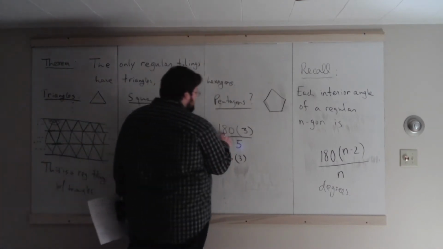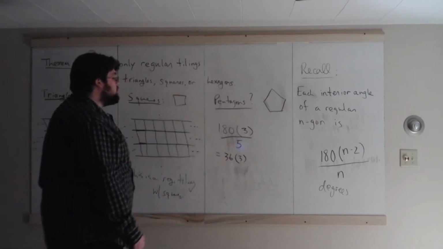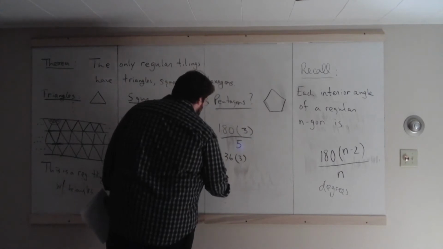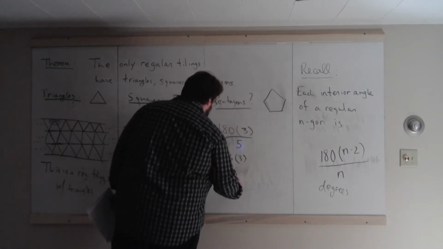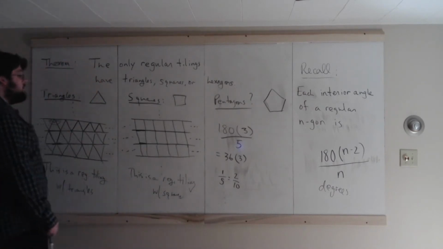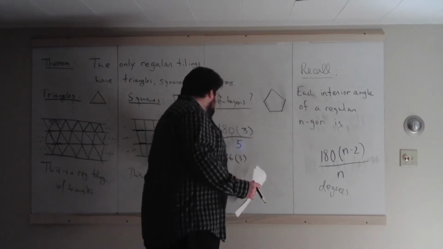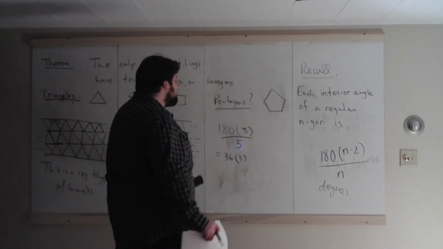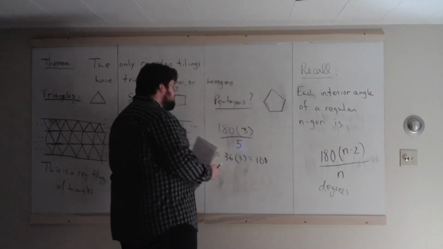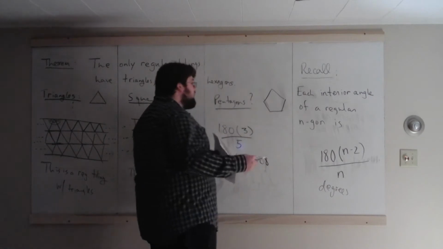So 180 times 2 is 360, and 360 divided by 10 is 36, because dividing by 5 is the same as multiplying by 2 and dividing by 10. So 180 divided by 5 is 36. 36 times 3 is 108.